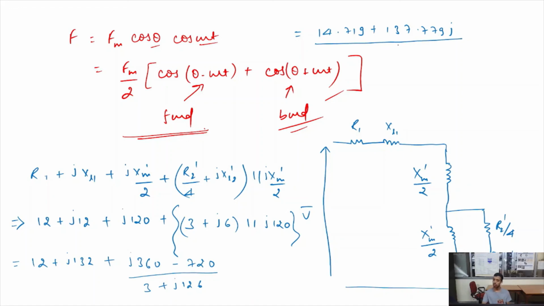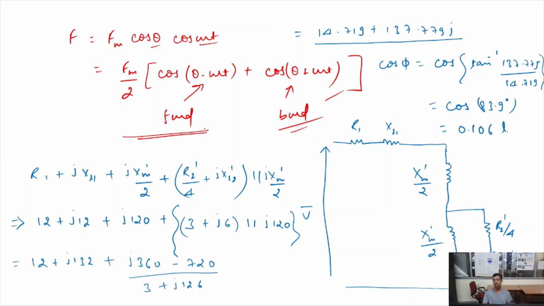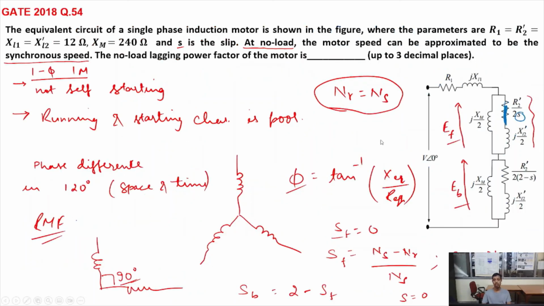So we will not waste time in calculating magnitude if this type of question is asked in the GATE exam. So power factor is cos of tan inverse of 137.779 divided by 14.719, and it would be cos 83.9 degree, which comes to 0.106.